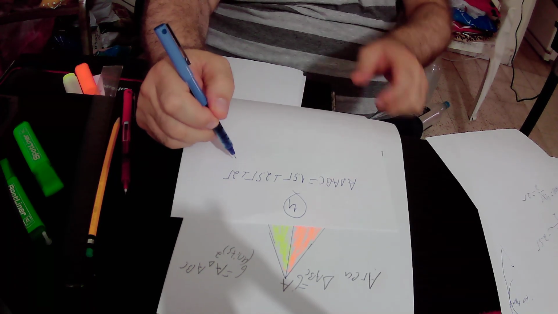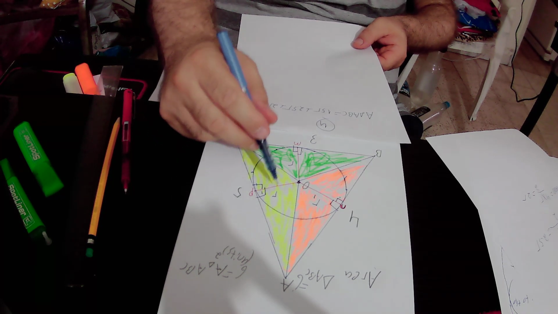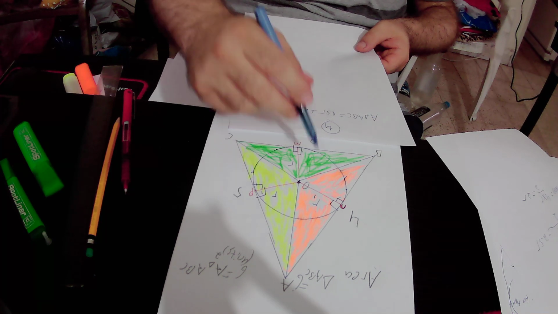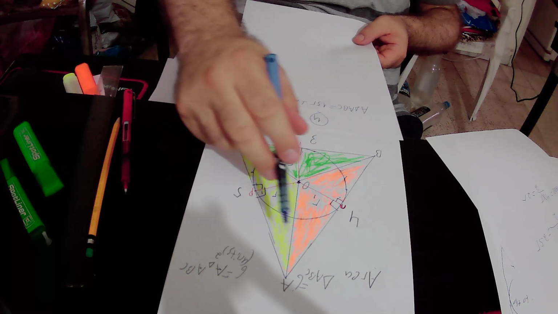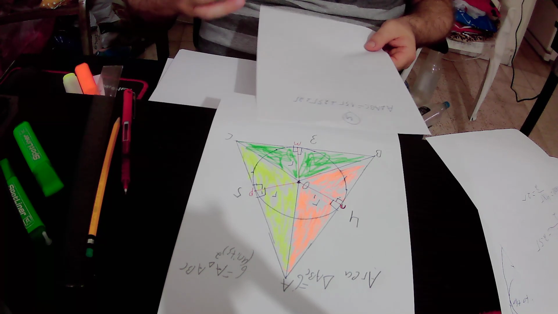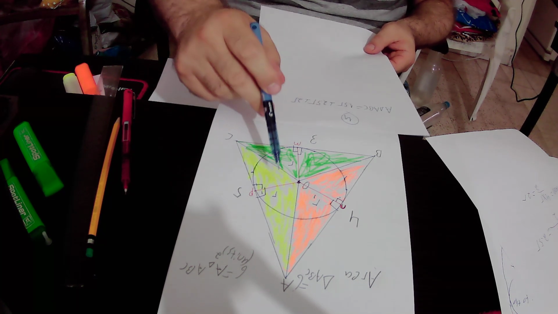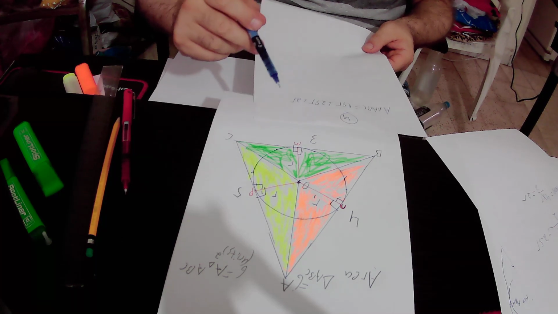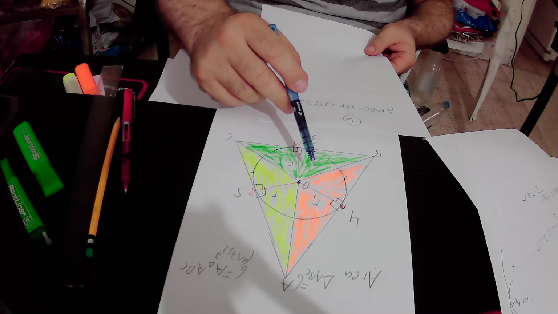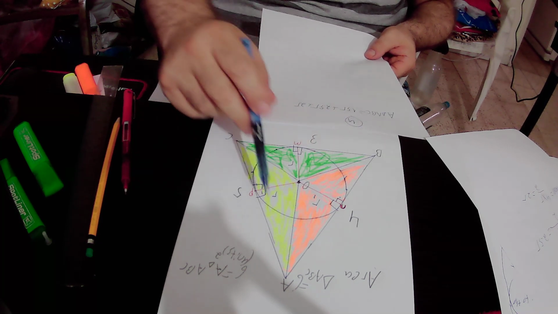So in total, the area of the green triangle plus the yellow triangle plus the orange triangle equals the area of the big triangle ABC, because triangle ABC contains those three triangles, and the sum of their areas equals the area of triangle ABC.